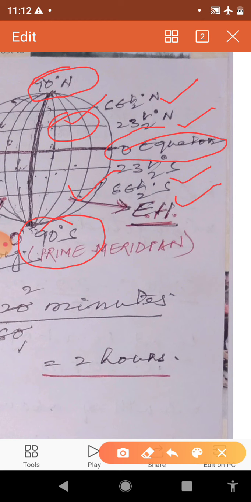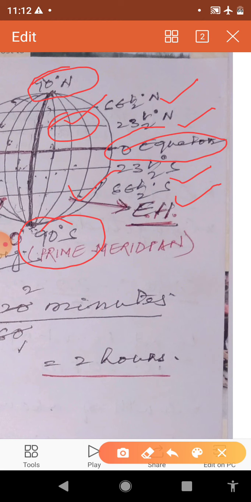The area in between 23.5 degree north to 23.5 degree south is known as torrid zone, or if you want you can call it tropical zone. In this zone, rays of the sun remain vertical throughout the year.